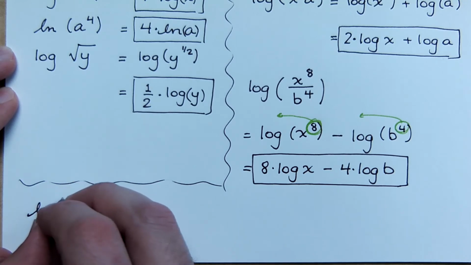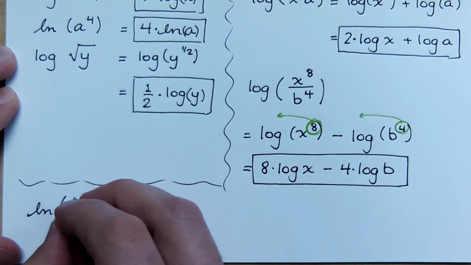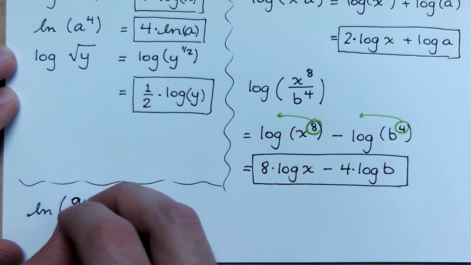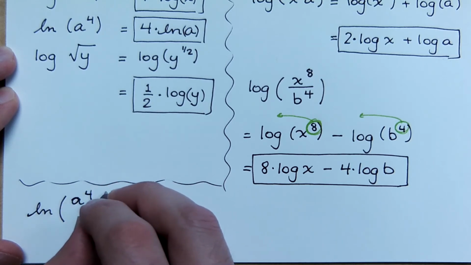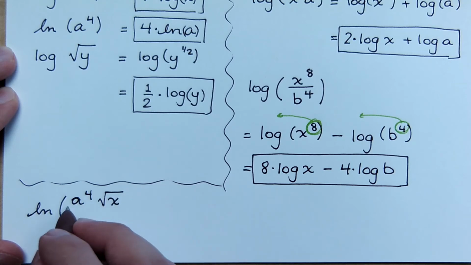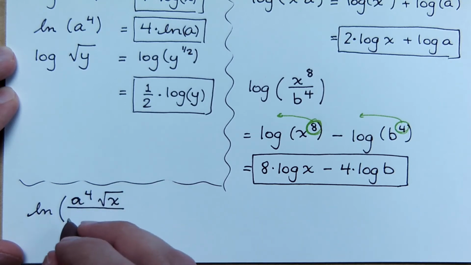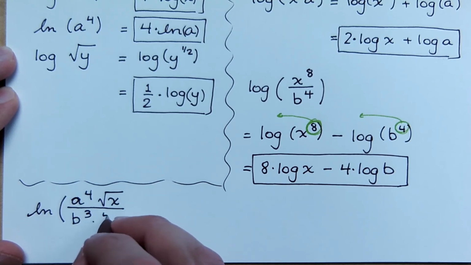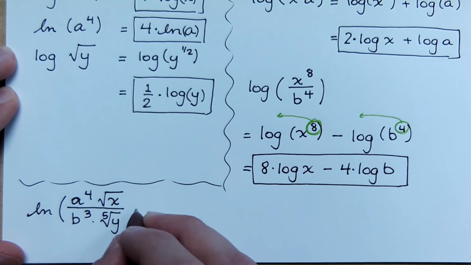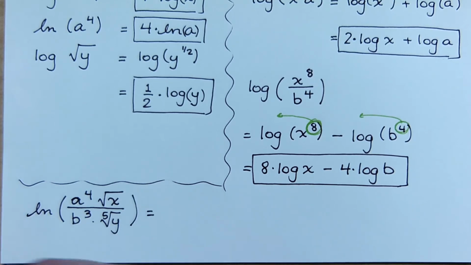So if I say the natural log of a to the fourth times the square root of x over b to the third times the fifth root of y, how many separate logarithms are you going to have once you separate this? You're going to have 4. You're going to have one for each of the factors that you have inside that logarithmic expression.